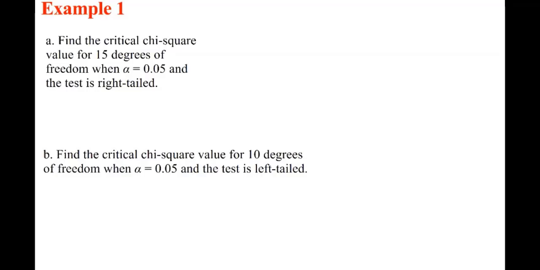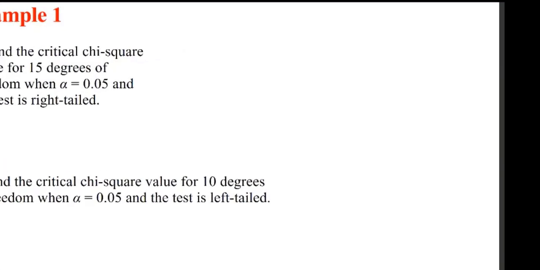All right, so find the critical chi-square value for 15 degrees of freedom. So df is given, class. We don't need to subtract one, and that's important for you to pay attention to. df is 15 and alpha is 0.05, and we are dealing with the right tail test.